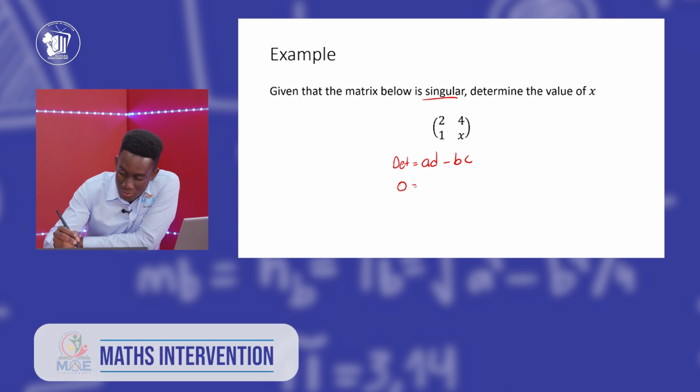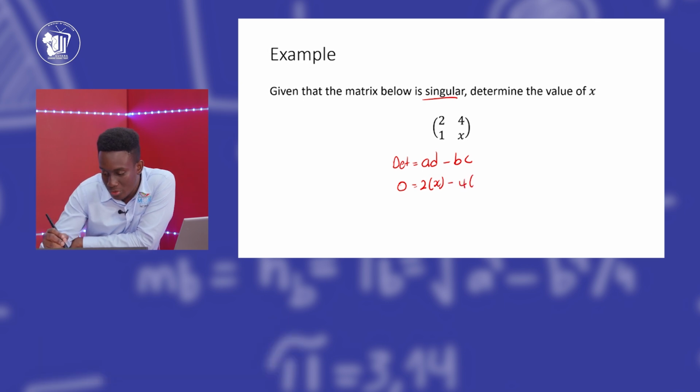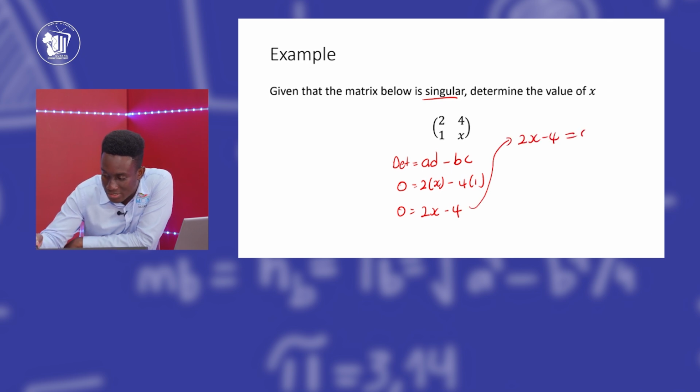So we know A would be 2 multiplied by D, which is x, subtract B, which is 4 multiplied by 1. So 0 will be equal to 2 times x would be 2x, subtract 4 times 1 is 4. So we can rewrite this as 2x subtract 4 is equal to 0.